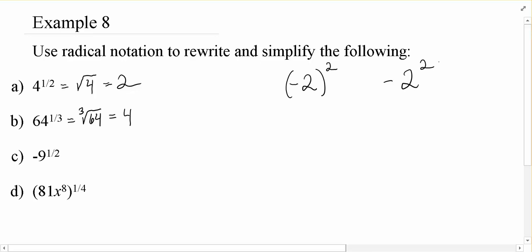The first one, -2 in parentheses squared, is saying -2 times -2, and a negative times a negative is a positive. Whereas the second example, remember that a negative sign really means -1 times whatever it is.